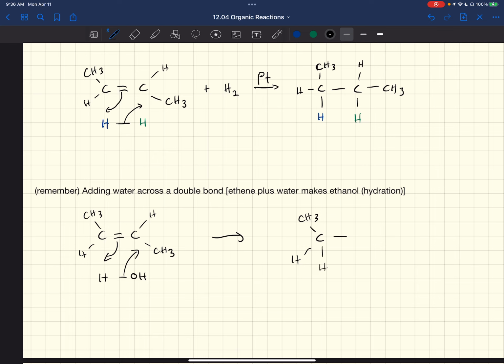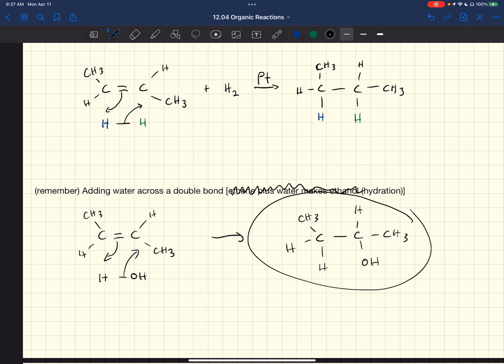Oh, messed that up a little bit. Okay, so this makes an alcohol. Okay, and this is not ethene, by the way. That's wrong. But this is a hydration reaction.